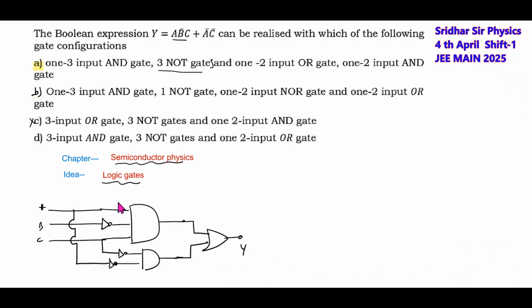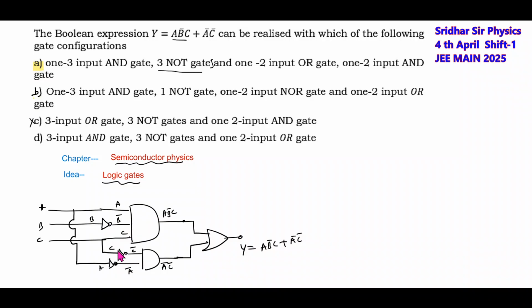Okay, possible, no? Here A, B complement, here C, C complement, here A complement, here A complement, C complement, here A, B complement C. This will become A, B complement C plus A complement C. So how many are there?